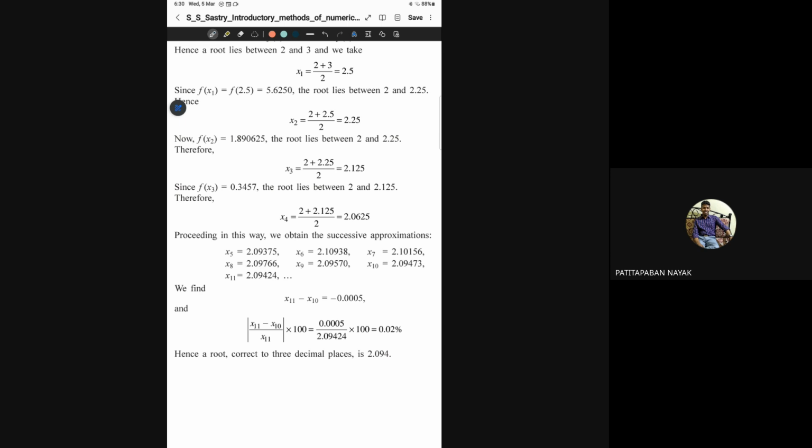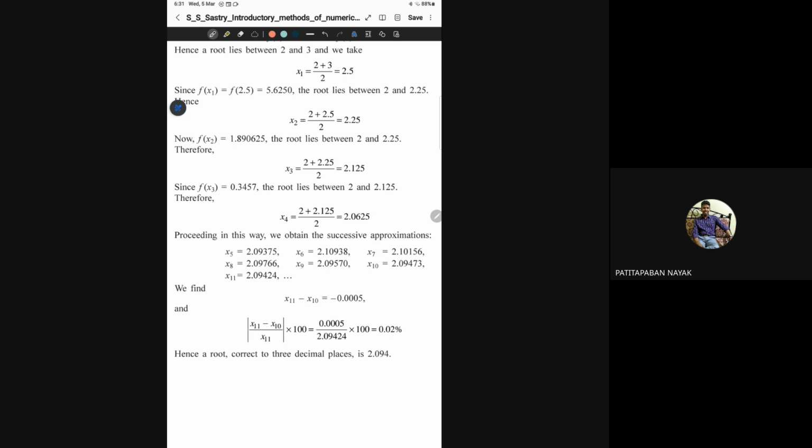So again we have to find between 2 and 2.0625, because f of 2.0625 is coming positive.